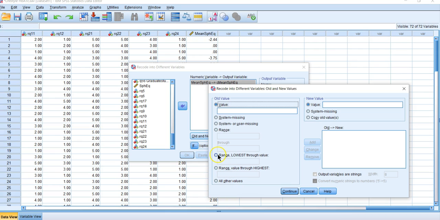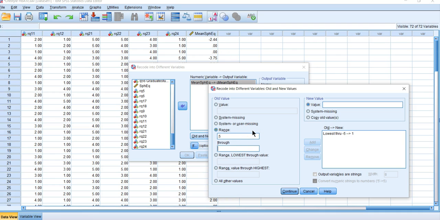So we're going to do a range lowest. That's the lowest value. We don't have to give a name for it. Up to minus 5. And we're going to call that 1. I'm going to add it. And then we're going to go range. And we're just going to give minus 5 again because this works out all right on a continuous scale.